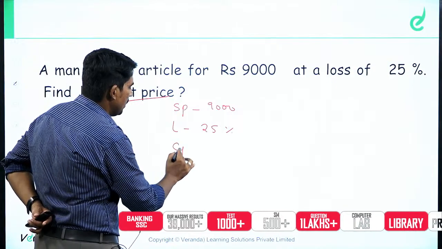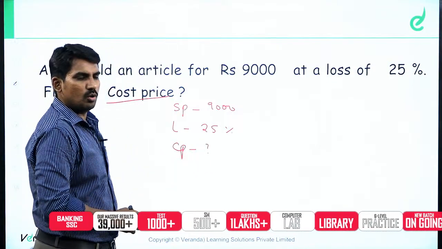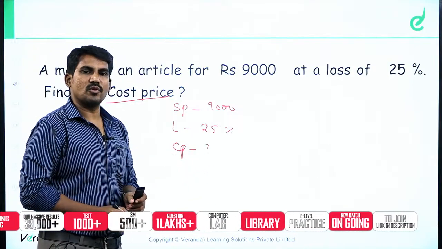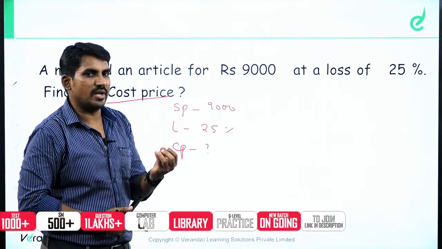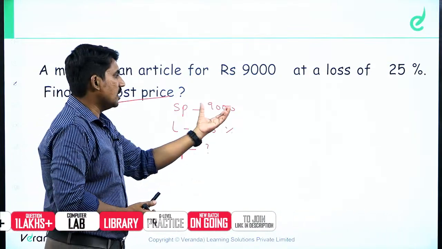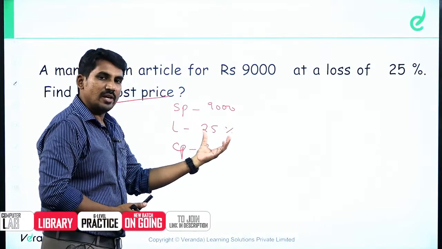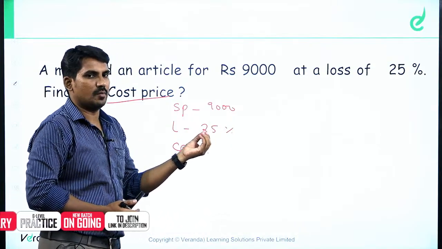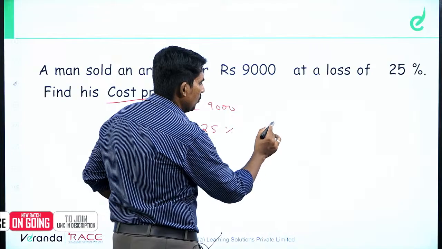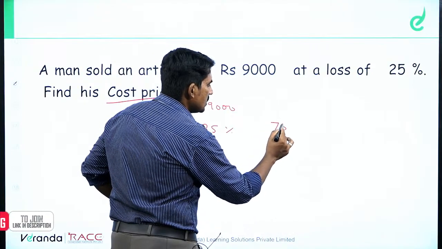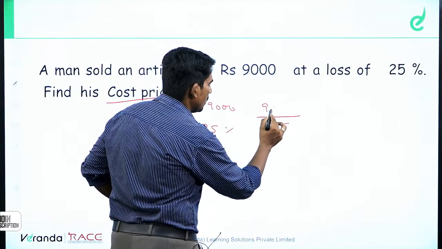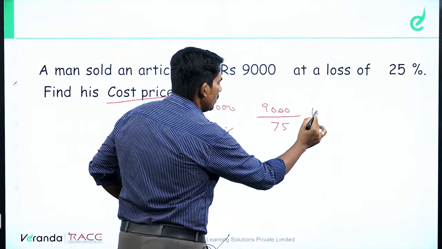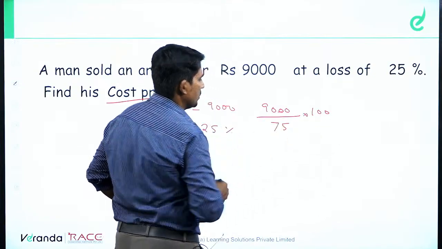What is CP they are asking? Loss is given, therefore selling price is 100 minus loss percentage. So 75% is nothing but 9,000. Then what is 100%? We will get CP.